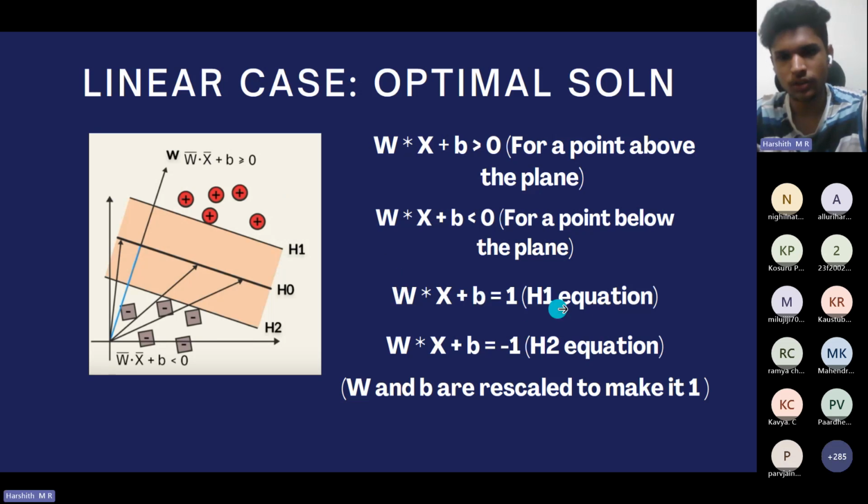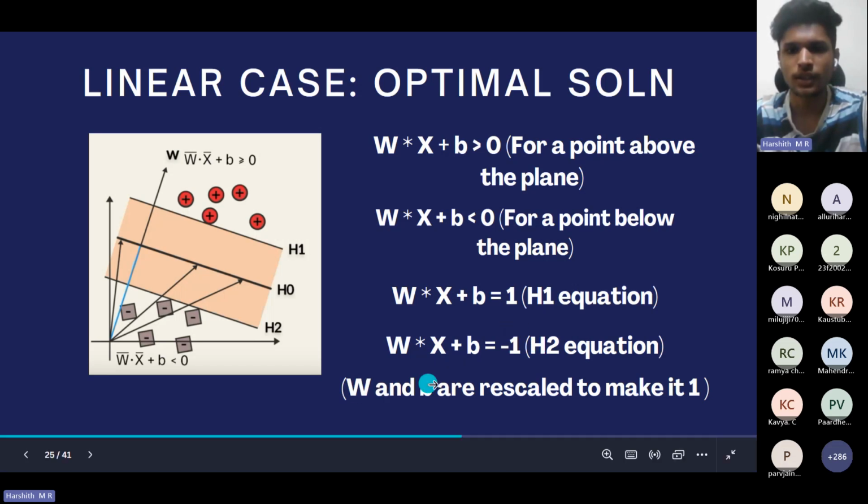And we'll also determine the H1 and H2 equations. Earlier, we had determined the H0 equation, which is W times X plus B equals 0. Similarly, the H1 and H2 equations would be W times X plus B equals 1 and W times X plus B equals minus 1. Why is it 1 and minus 1 over here? It's basically our choice. You can rescale W and B values and make it 1.